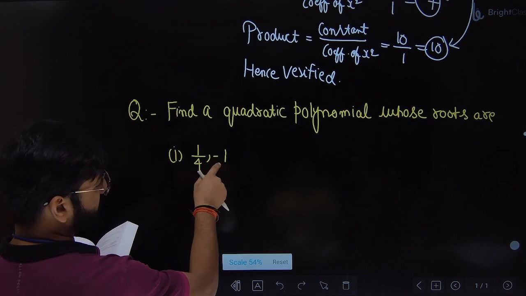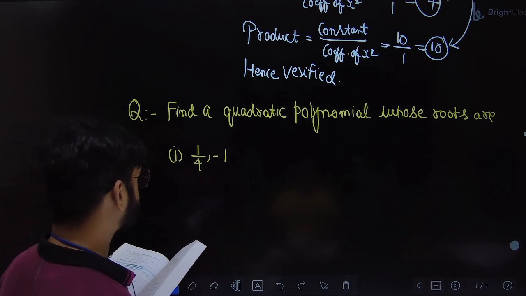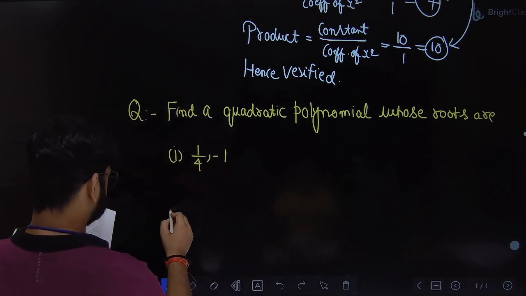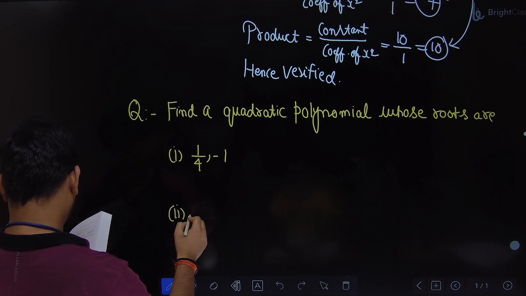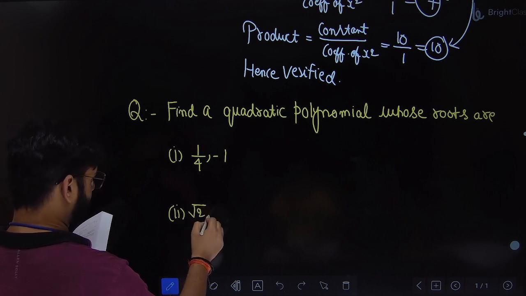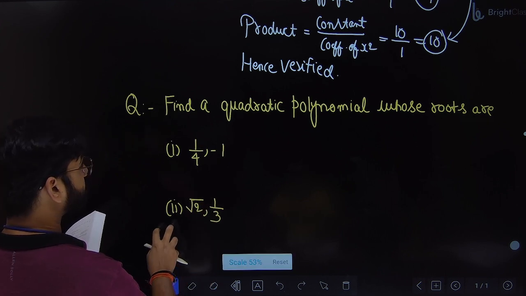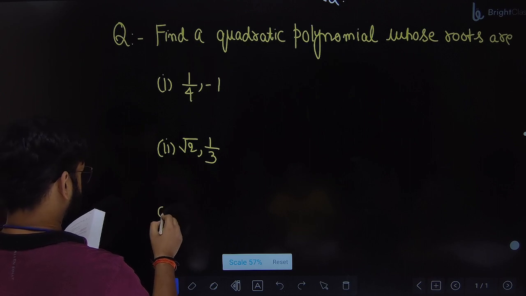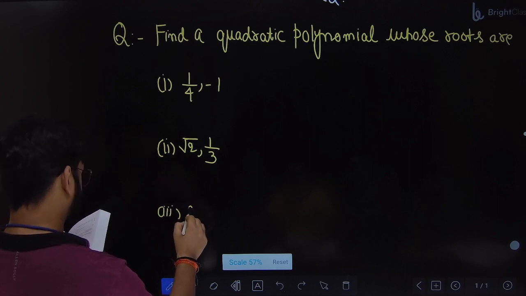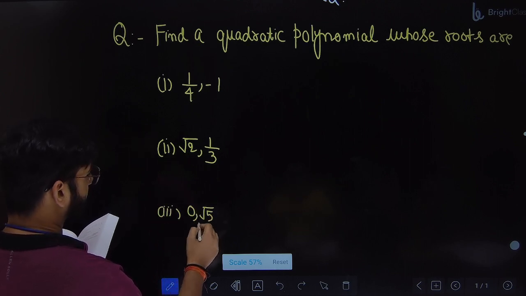These are the two roots, not first root. Second part, roots 2 and 1 by 3. Third part, 0 comma root 5.